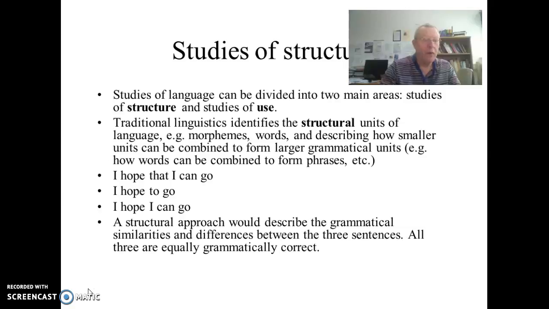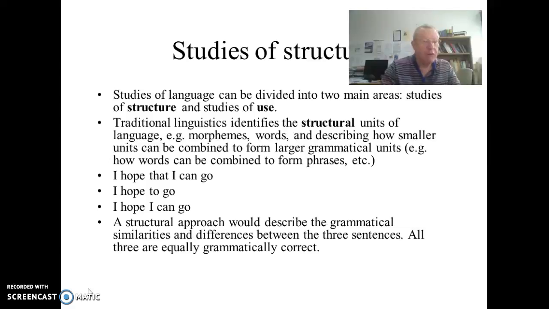For example, a word such as doors is made up of two morphemes, the meaning door and the plural marker s. Other structural units are words, and studies of structure can describe how smaller units can be combined to form larger grammatical units. For example, how can words be combined to form phrases?